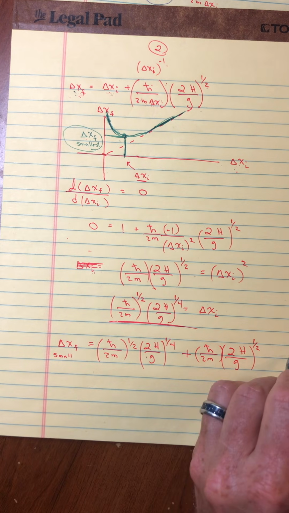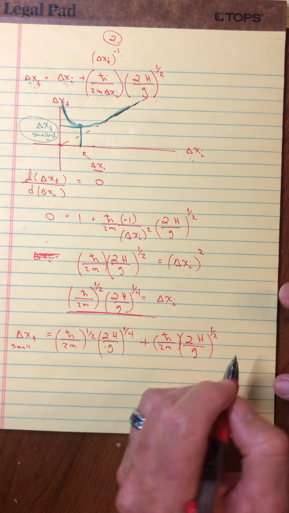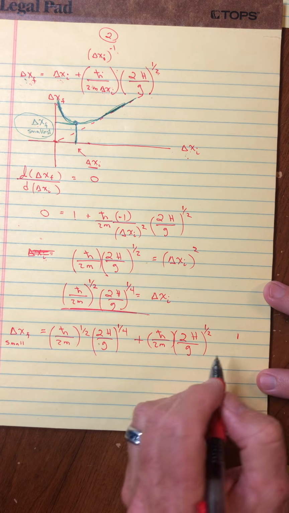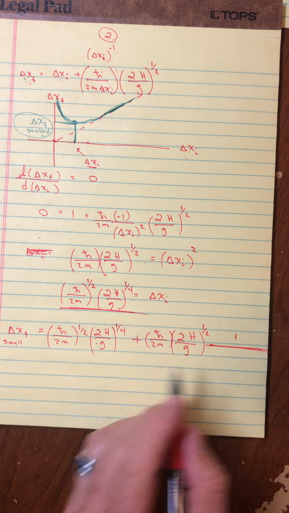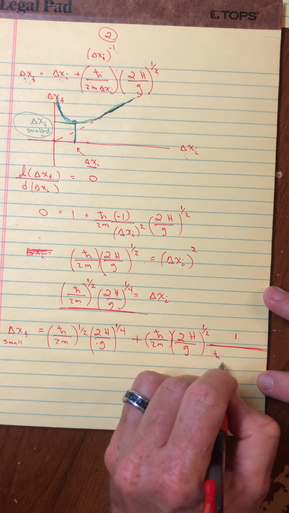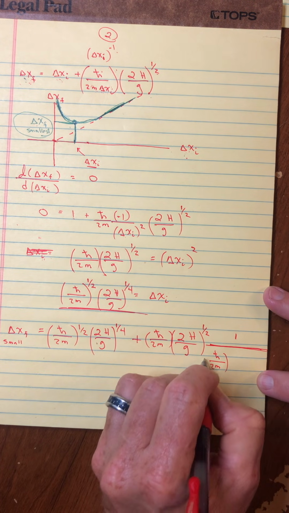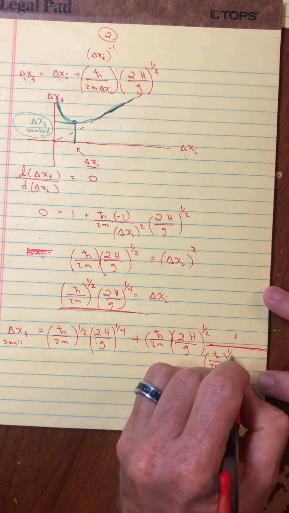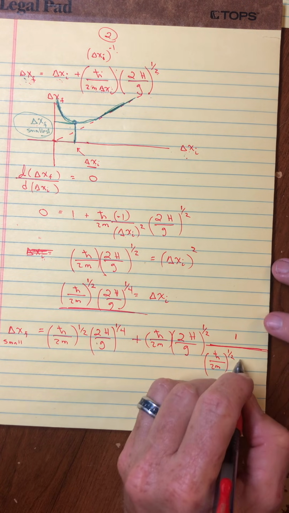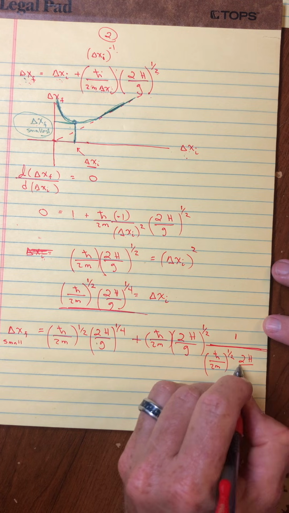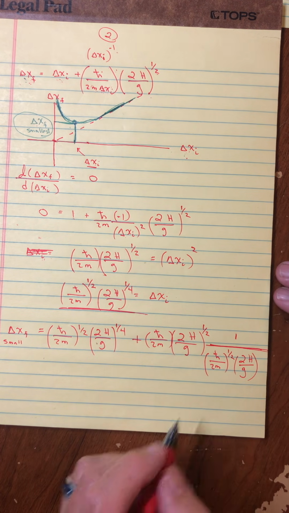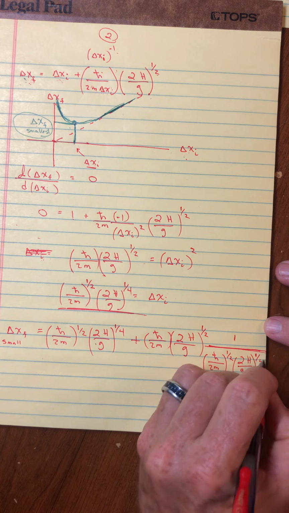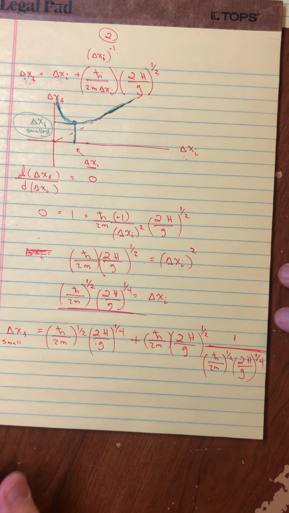So this would be h bar over 2m to the 1/2 and 2h over g to the 1/4.